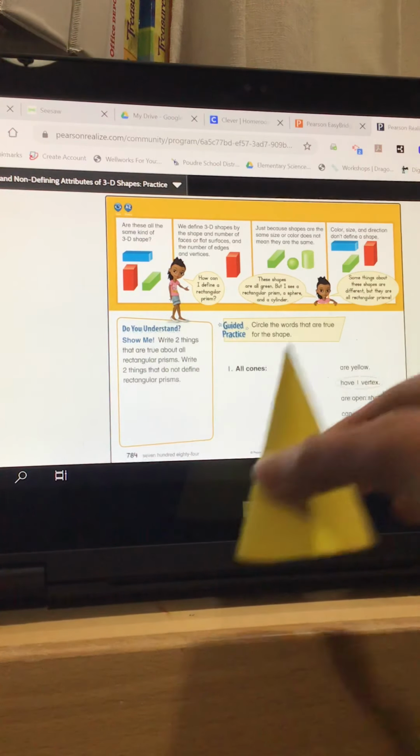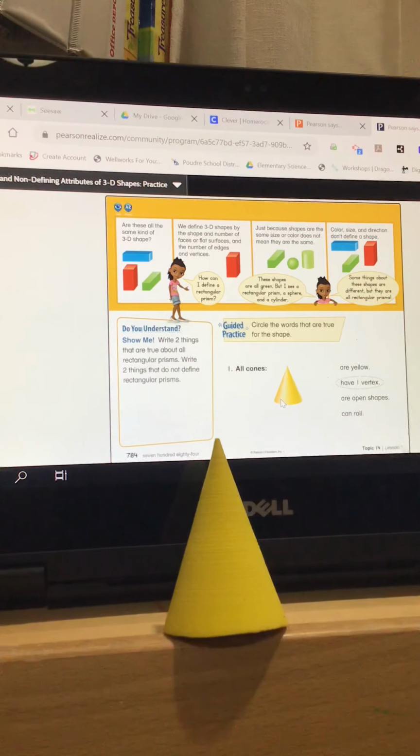Okay, so here is my yellow cone, just like their yellow cone. Are all cones yellow? Think about an ice cream cone. Is that cone yellow? Think about your snow cone. Is that cone yellow? So are all cones yellow?